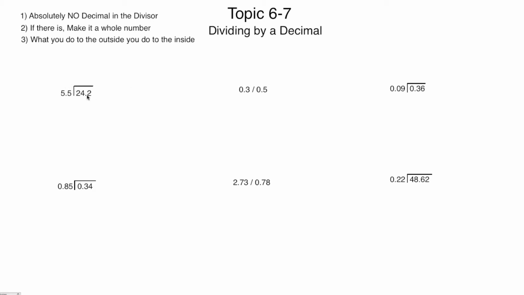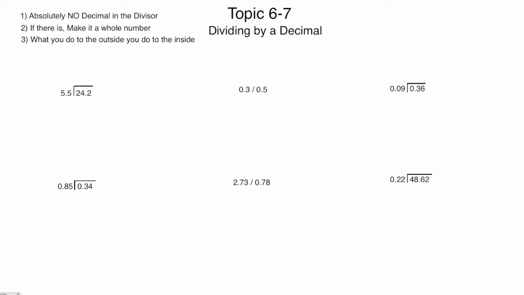Before, it was just in the dividend, so we just brought it up. But now, if you look, each one of the divisors has a decimal. So if there is a decimal, you need to make it a whole number. And what you do to the outside, to the divisor, you do to the inside.